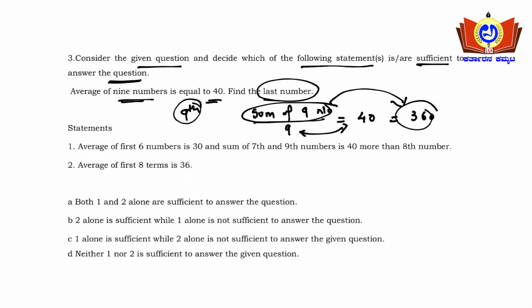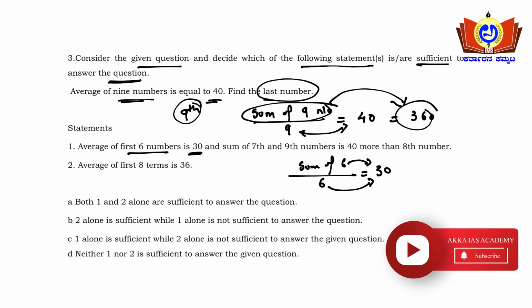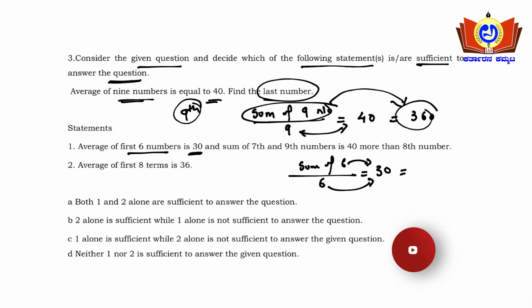The first statement is: average of first 6 numbers is 30. So the sum of the first 6 numbers divided by 6 is 30. Therefore the sum of 6 numbers will be 30 into 6, so 3 6s are 18, and this will be 180.